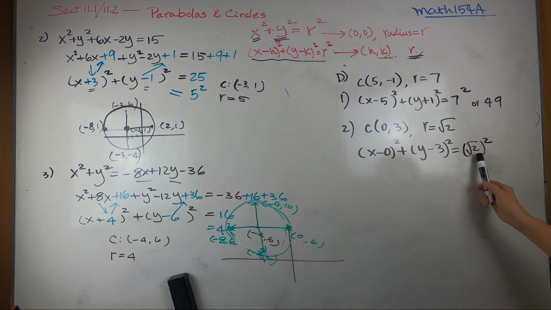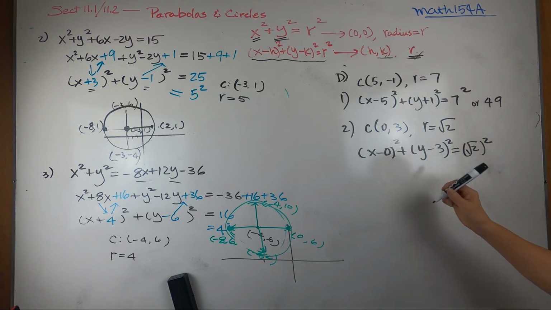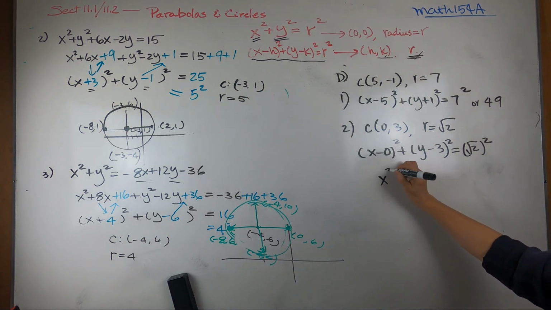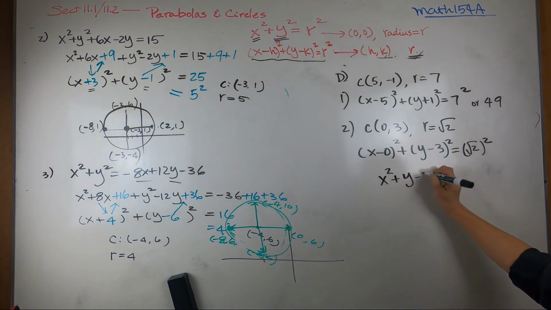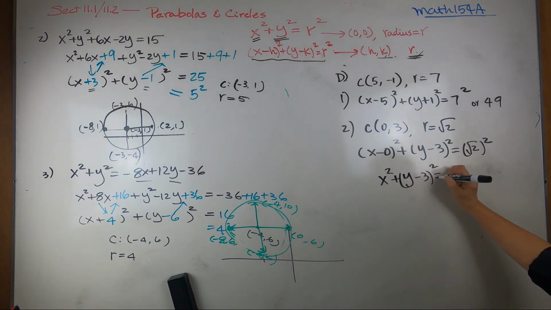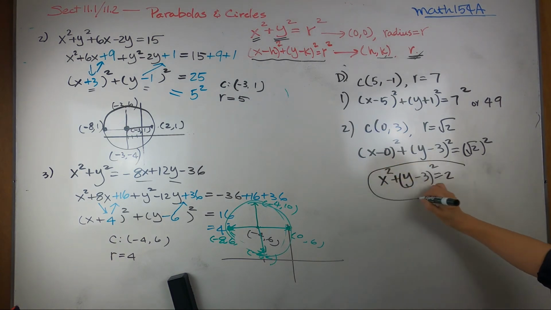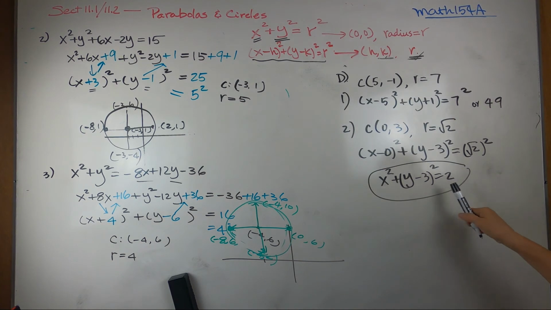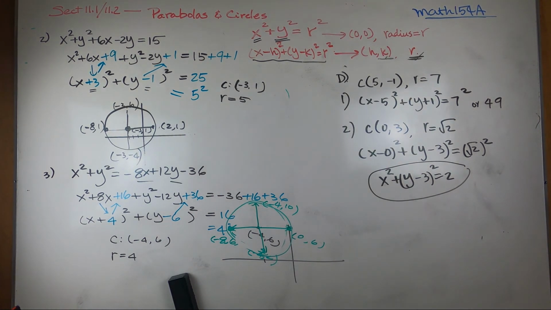Then you don't want to leave square root of 2 squared, so you will write your final answer like this. Square root of 2 squared is what? 2. It's preferable you write the answer that way.